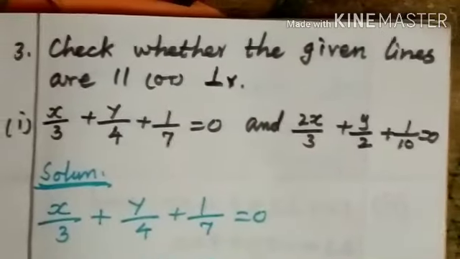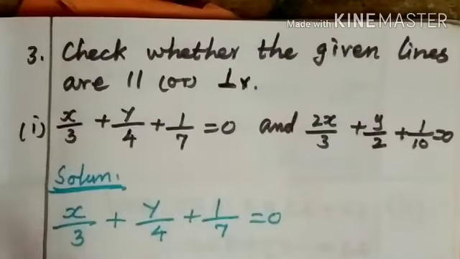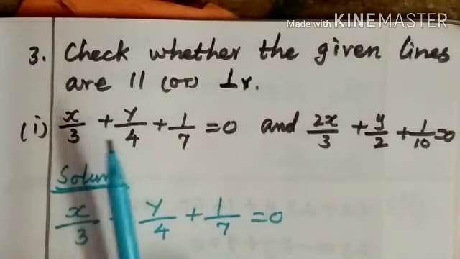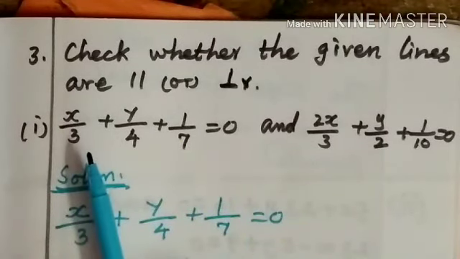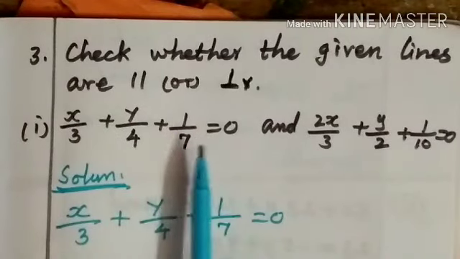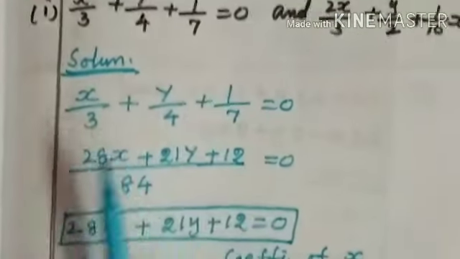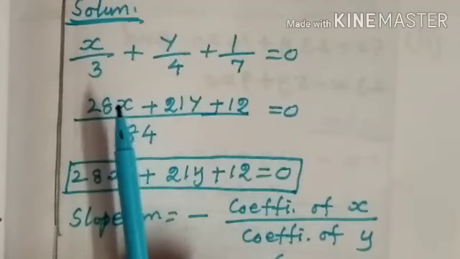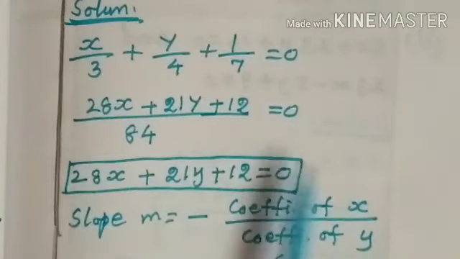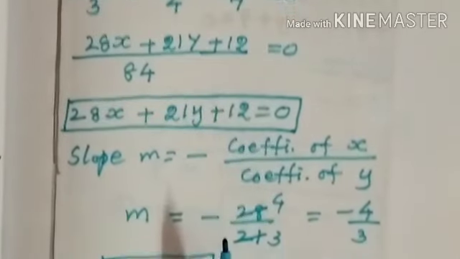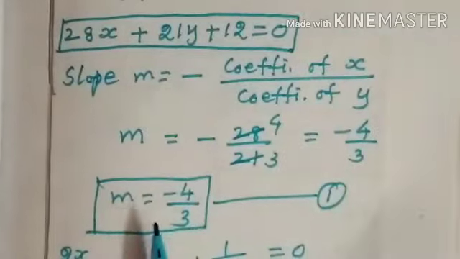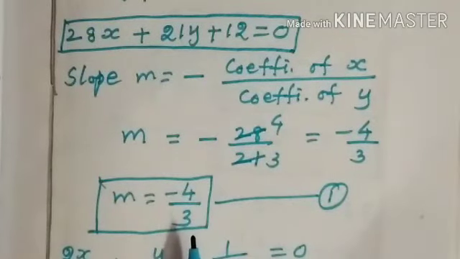See the third question. Check whether the given lines are parallel or perpendicular. First equation, x by 3 plus y by 4 plus 1 by 7 is equal to 0. In the solution, first you take the LCM and bring the given equation into the standard form. Next you apply the formula, and we get the slope m is equal to minus 4 by 3.